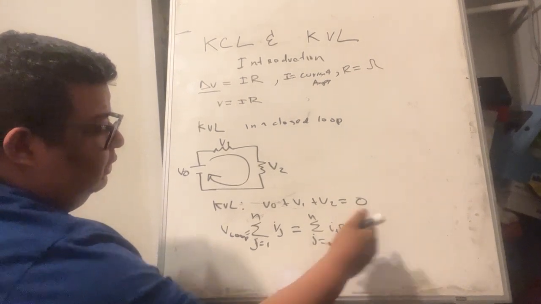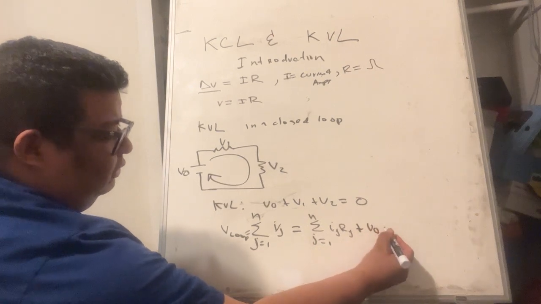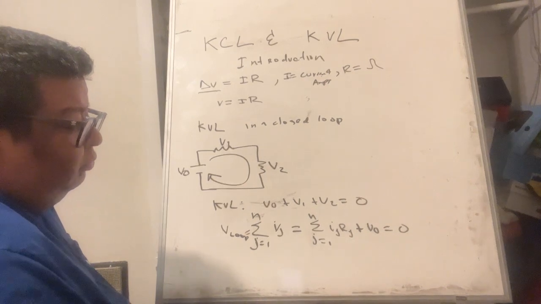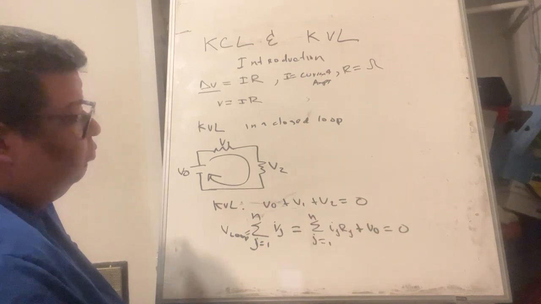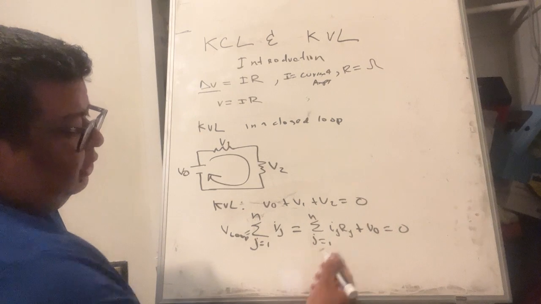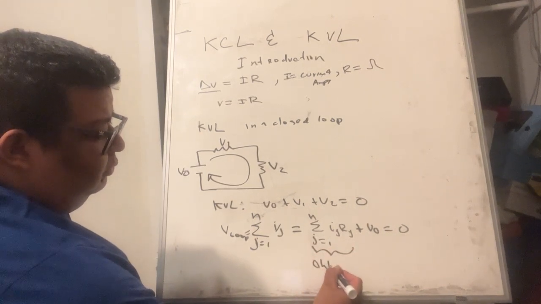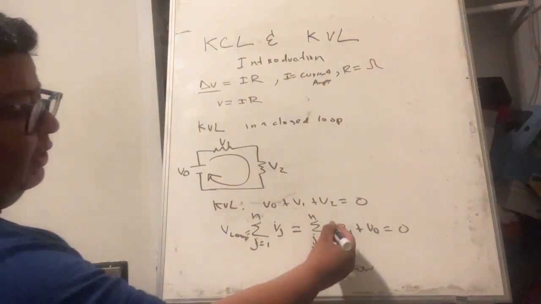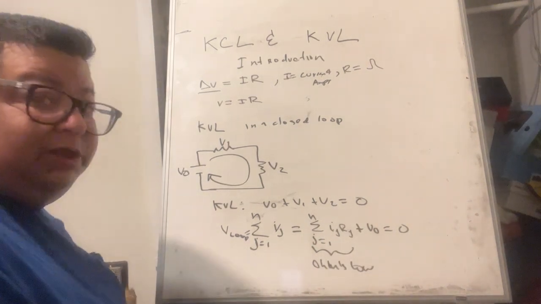Of course, we need to include the source if there is one, in this case plus V0 equals 0. This part comes from Ohm's law, I times R. Now let me give you an example that illustrates both concepts.